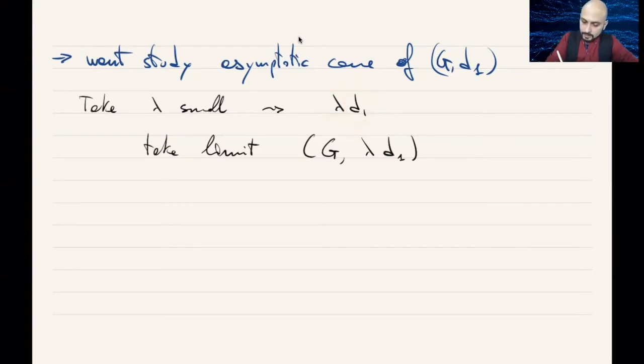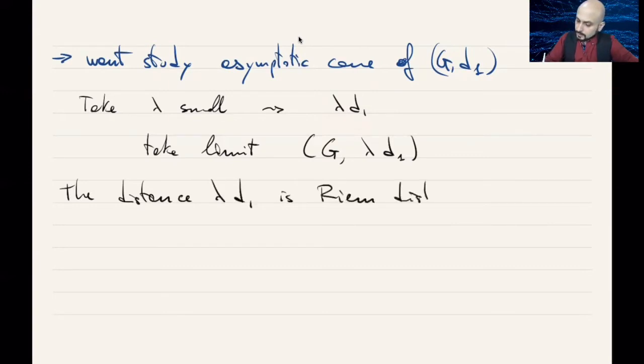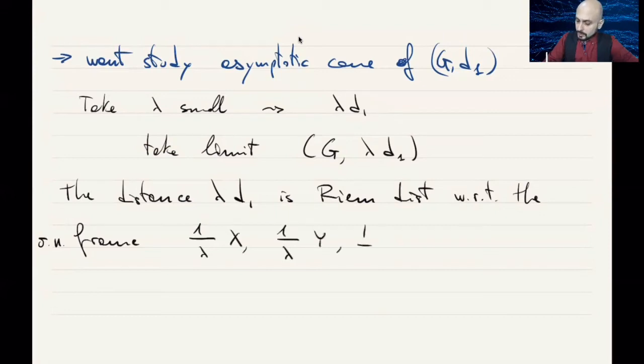I claim that the distance lambda d1 is still a Riemannian distance, with respect to the frame declared to be orthonormal, now 1/lambda x, 1/lambda y, and 1/lambda z.